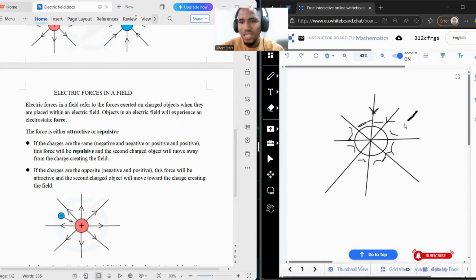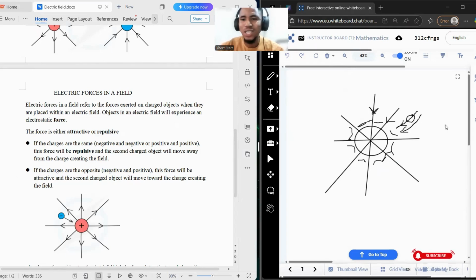Now, if another charge is coming into here, this is what we call repulsive force. The force around this region will repel the charge coming into it. That means it won't allow it to connect to this charged particle. It will send it back. It will resist the charged particle coming into it. That's what we call repulsion. That's repulsive force.